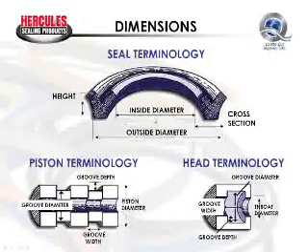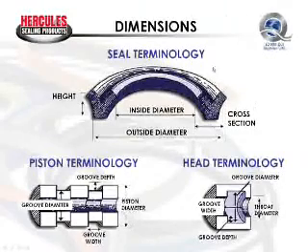The inside diameter of the seal is going to relate to the groove diameter on the piston. The outside diameter of the seal is going to relate to the groove diameter on the head. The outside diameter also will relate to the piston diameter or the bore of the cylinder. The height of the seal is the distance the seal extends above a flat surface. That's going to relate to the groove width.